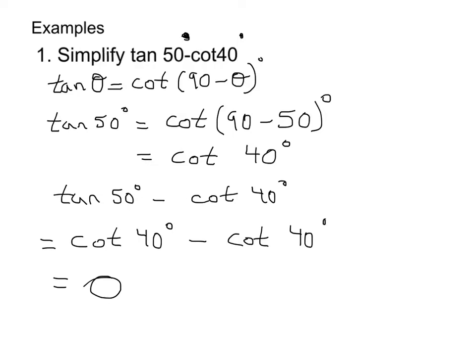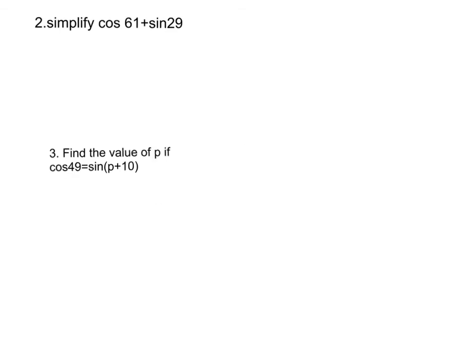Alright, that takes us to where it says simplify cos 61 degrees plus sine 29 degrees. Well, same as before, we either change cos 61 into terms of sine or sine into terms of cos. I'm just going to start with the first one.